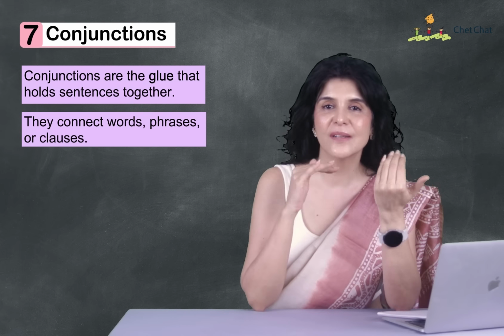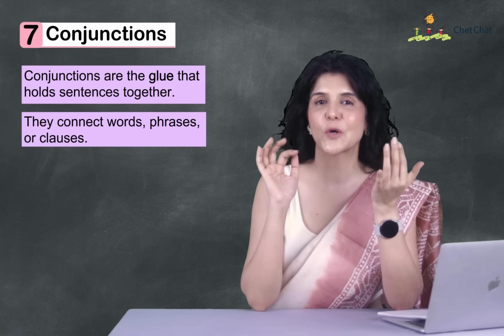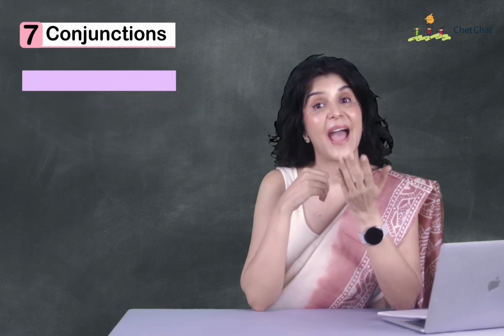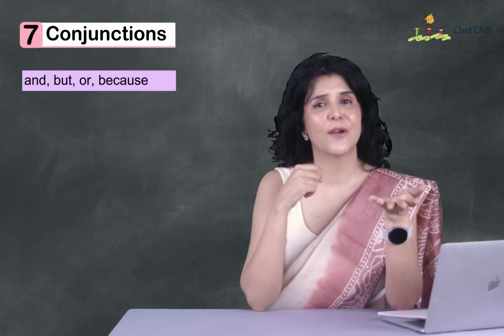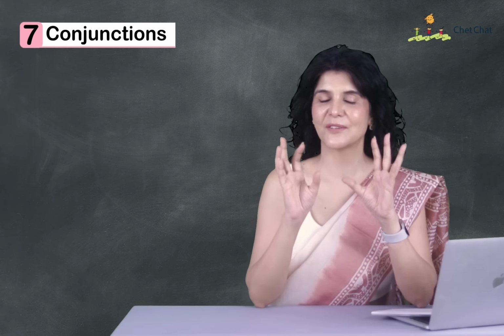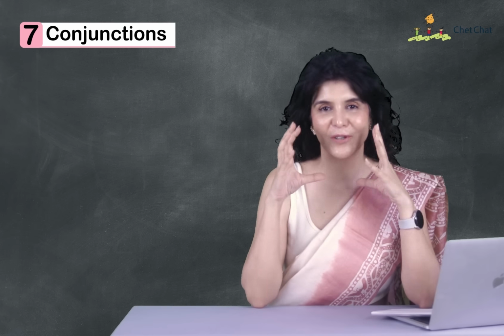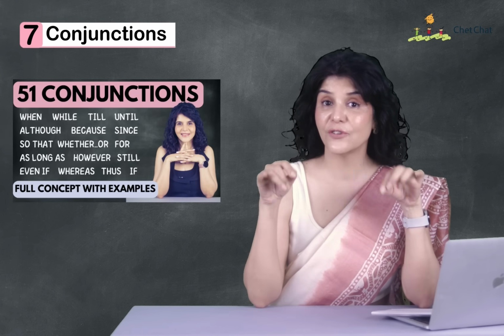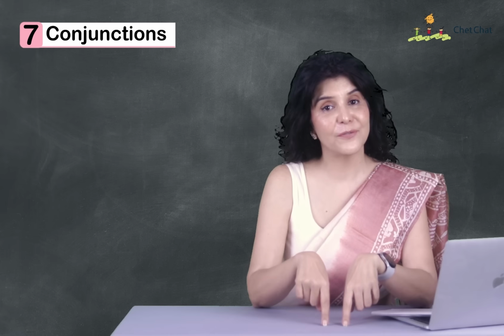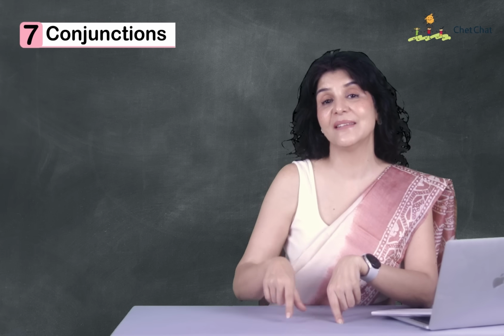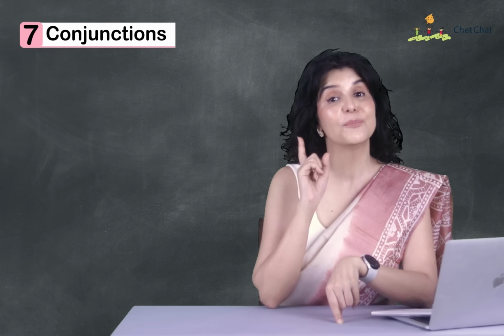They could connect words to words, phrases to phrases, or clauses to clauses. And, but, or, because. Now, like all other parts of speech, we have a complete masterclass on conjunctions. Also, I'm going to share that link below. But today the focus is to learn some amazing techniques for you to spot conjunctions like a detective.